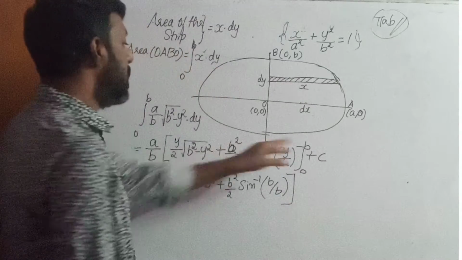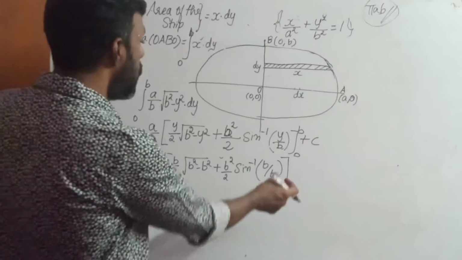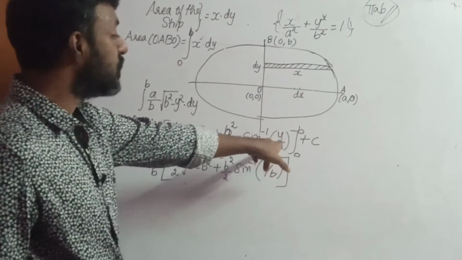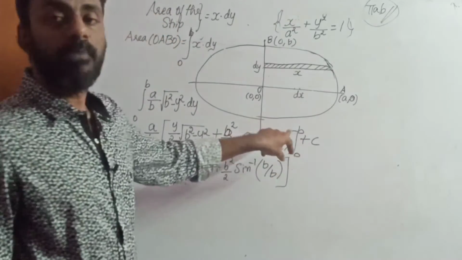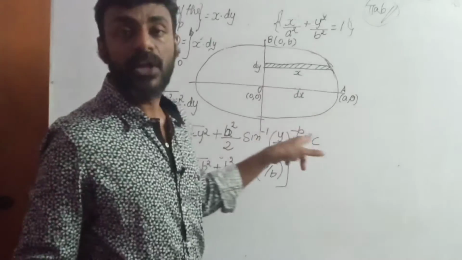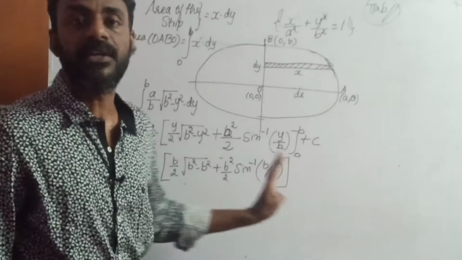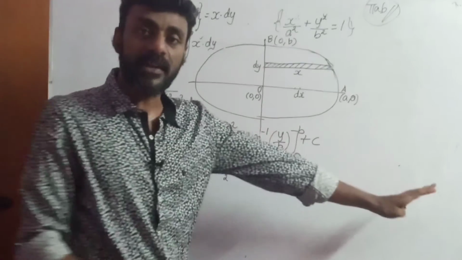This is for b. Now I'm going to substitute 0, it will be 0 by 2, which will be infinity. Similarly for sine inverse of y by b, if I substitute 0 in place of y, it will be 0 by b, which again is going to be infinity. So the second expression will turn out to be null and void.